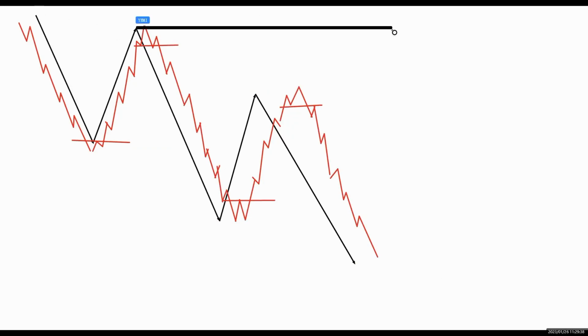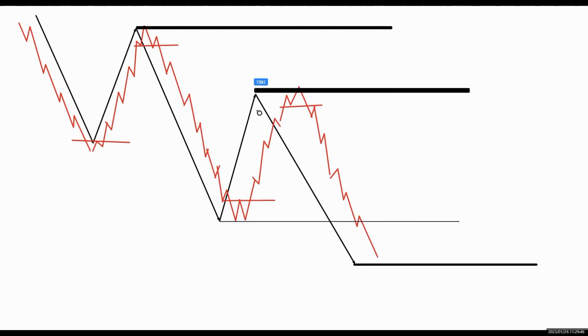When this is the lower high and this is the lower lows, and this is the lower high and this is the lower lows, how are you able to take specific trades for a sell right here? And how are you able to take specific trades for a buy right here?